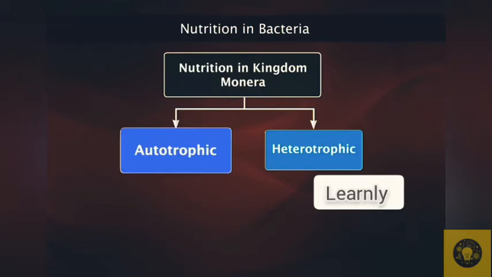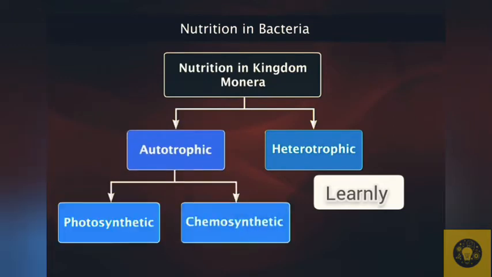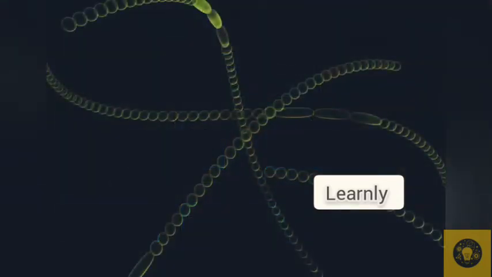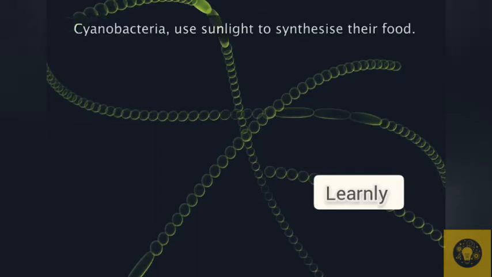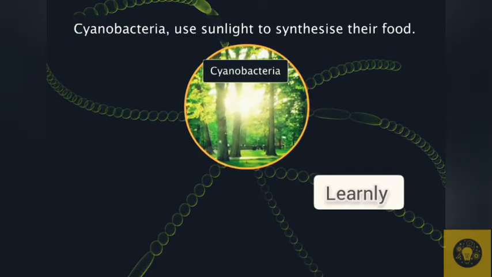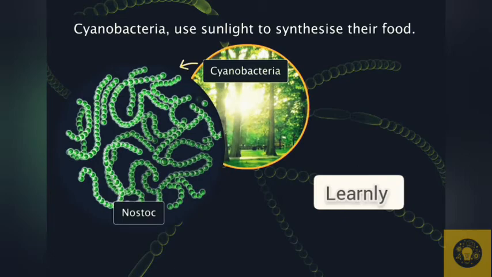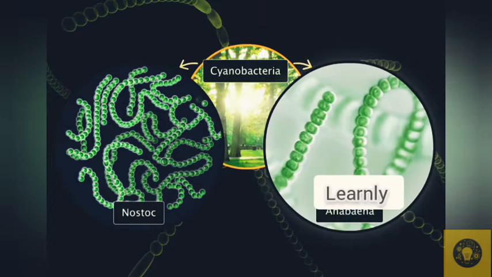Autotrophic bacteria prepare their own food with the help of either photosynthesis or chemosynthesis. Photosynthetic monerans, such as the blue-green algae or cyanobacteria, use sunlight to synthesize their food. Examples of such bacteria are Nostoc and Anabaena.